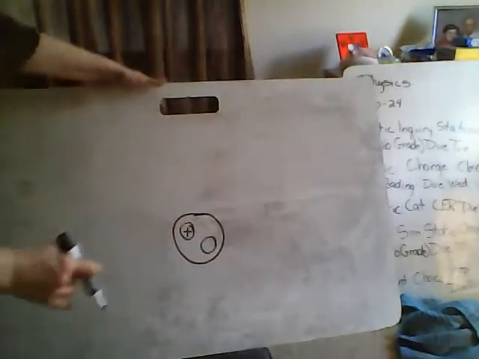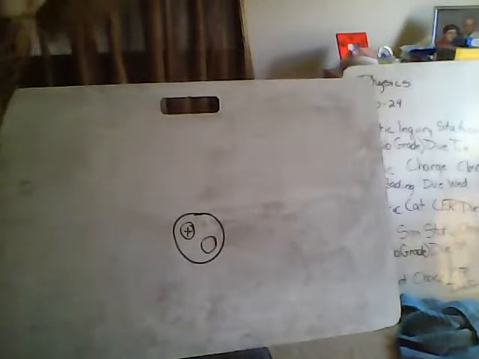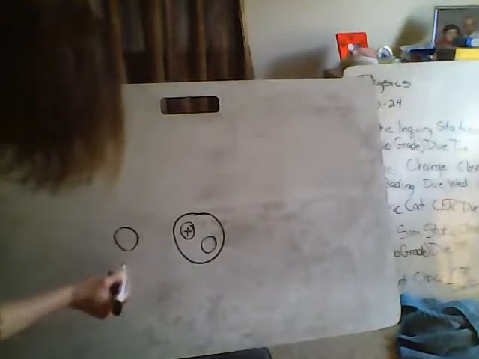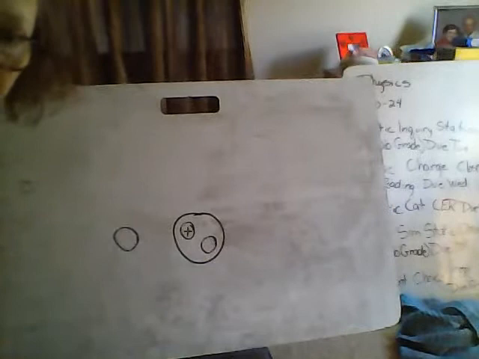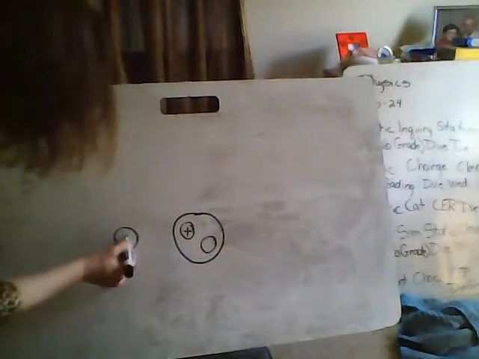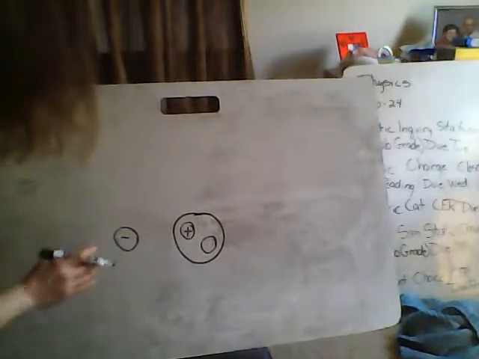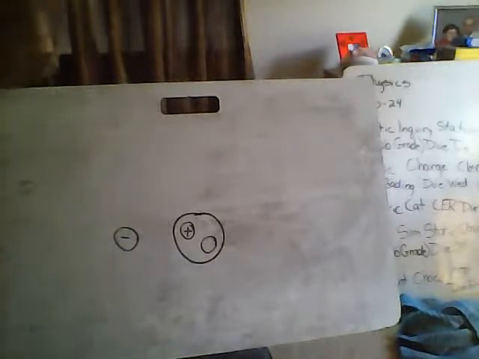I'll go ahead and do some labeling in a minute. Now, what is a subatomic particle that is outside the nucleus? We have an electron. And what is the charge on the electron? We have a negative charge on the electron. Electron has an N at the end. That's your negative.